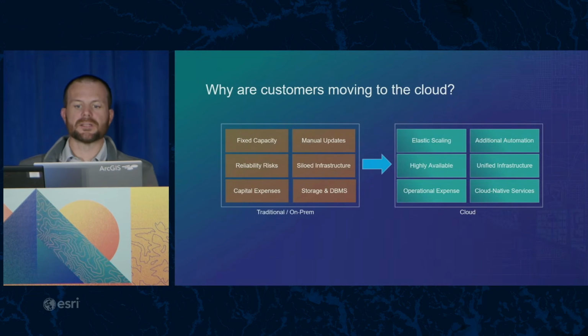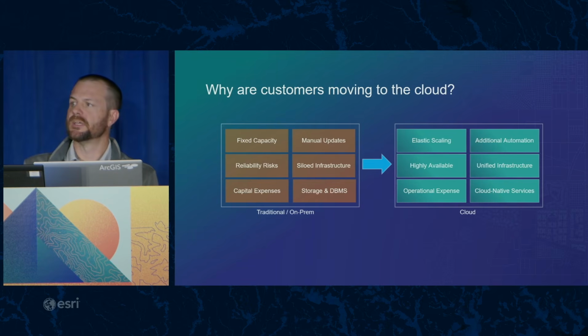And so running in the cloud can offer considerable business and technical advantages. Cloud platforms provide on-demand scalability, meaning the ability to easily add and remove compute resources to handle your peak GIS workloads, such as seasonal surges.